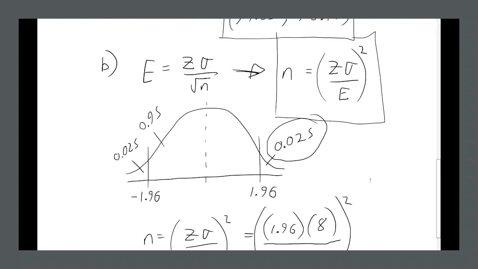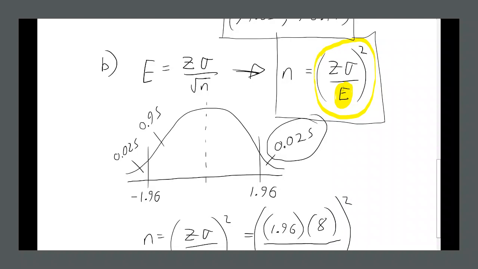Now, if you look at this equation here, E, our margin of error, cannot exceed 2. So it'll be 2 or less. And if E becomes smaller, well then this entire expression will become bigger because you're dividing by a smaller number.